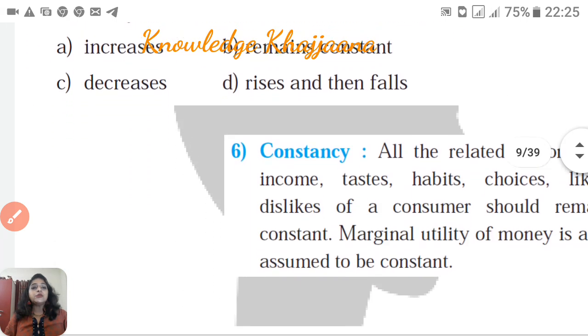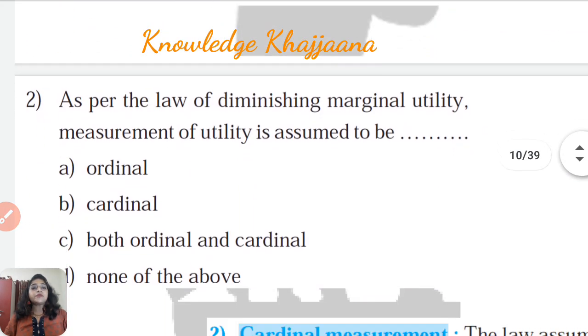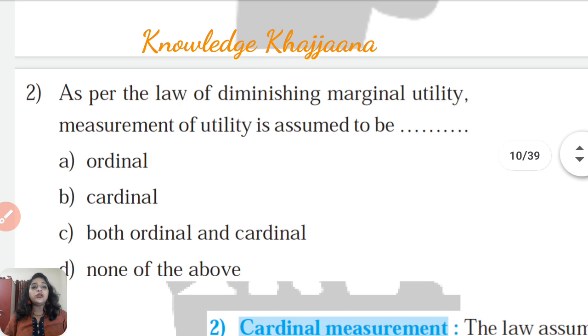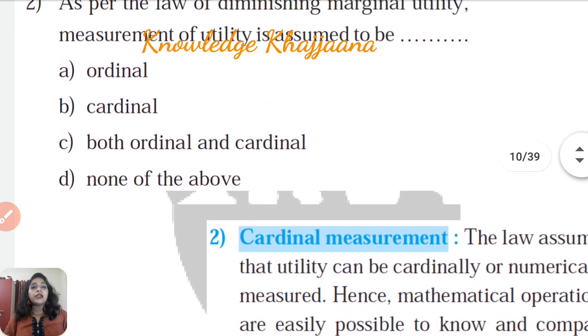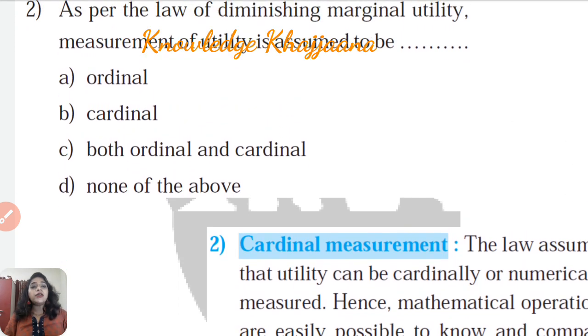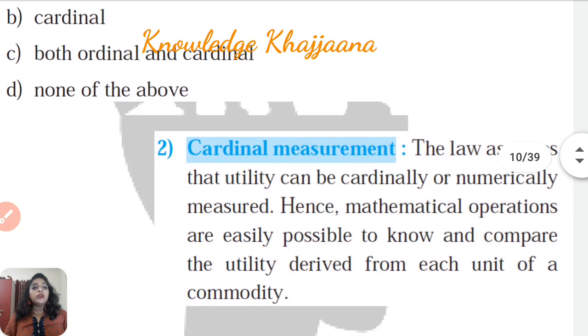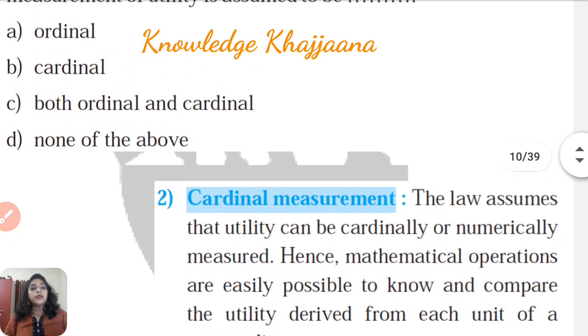Now let's move to the second question. As per the law of diminishing marginal utility, measurement of utility is assumed to be. How is utility measured as per the law? Is it cardinal, ordinal, both ordinal and cardinal, or none of the above? The answer is cardinal measurement. The law assumes that utility can be cardinally or numerically measured.